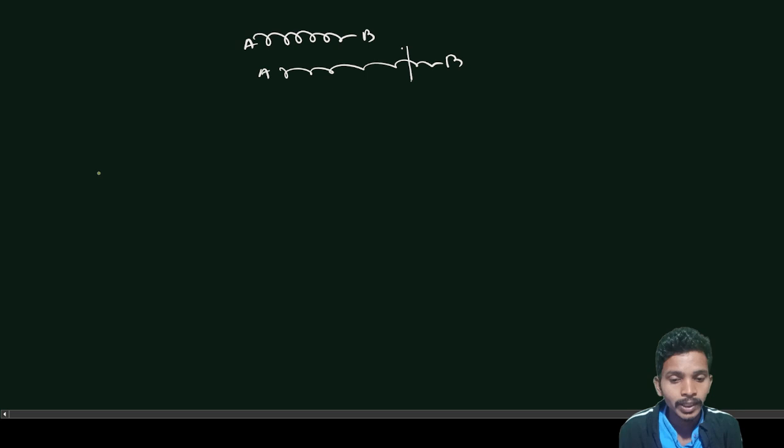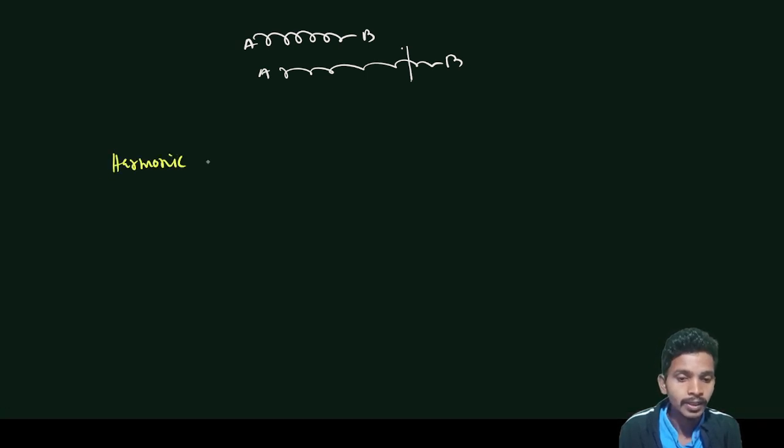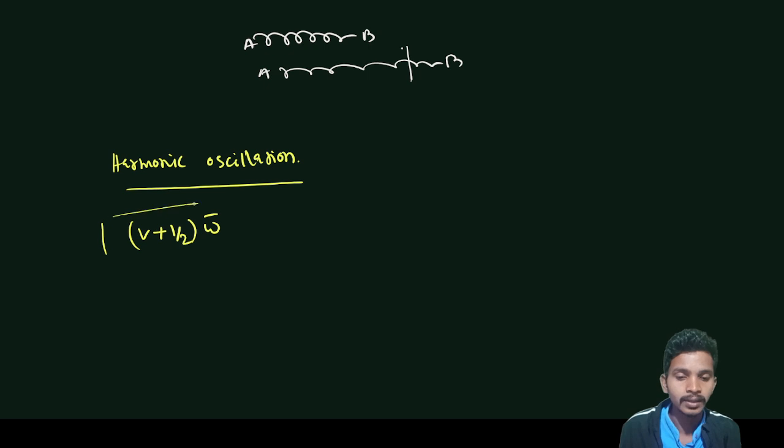For harmonic oscillations, the energy levels are explained by v plus half omega naught, in centimeter inverse.